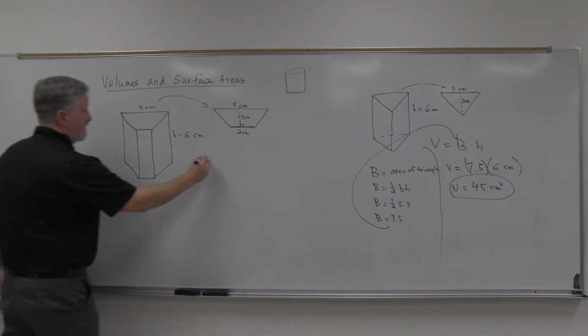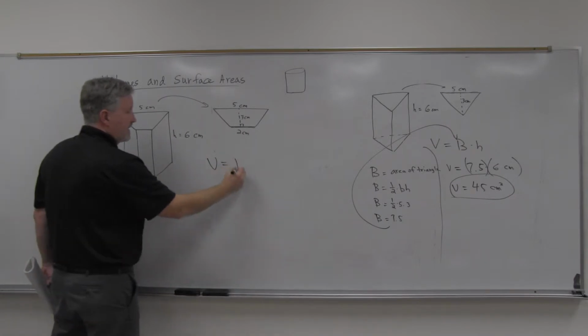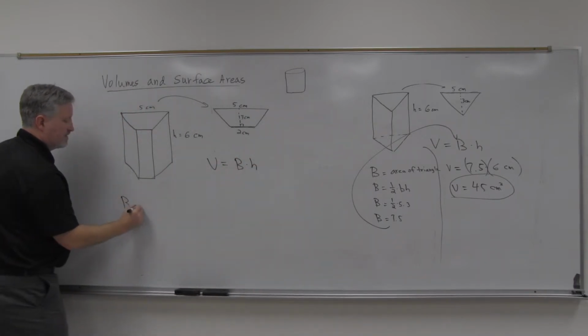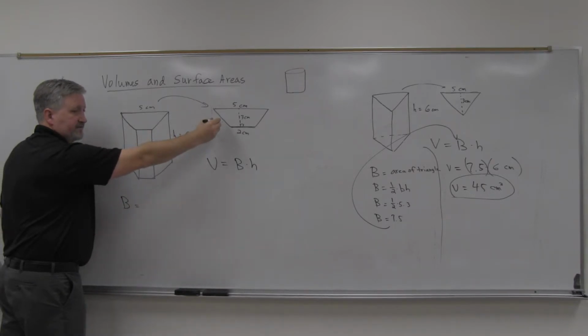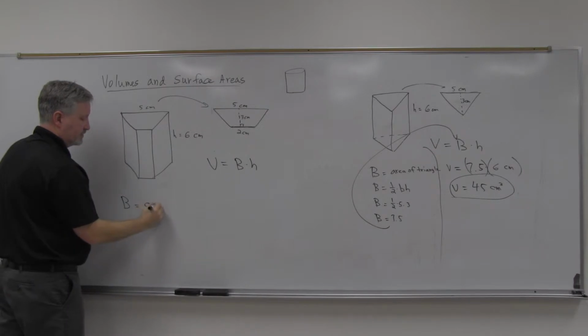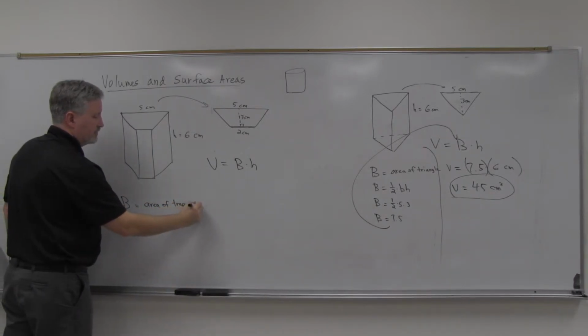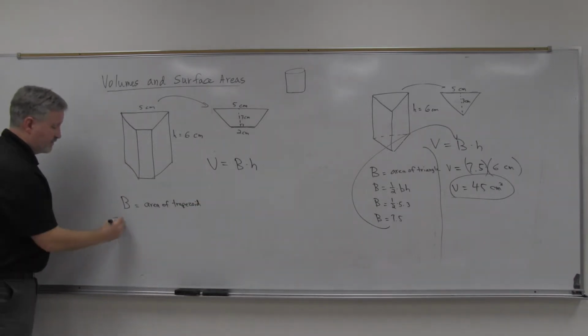So again, the volume, since it's a prism, it's big B times h. But in this case, big B, we're talking the trapezoid, right? Area of a trapezoid. Which is a different formula.